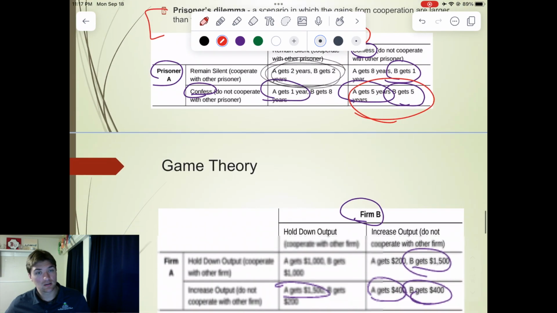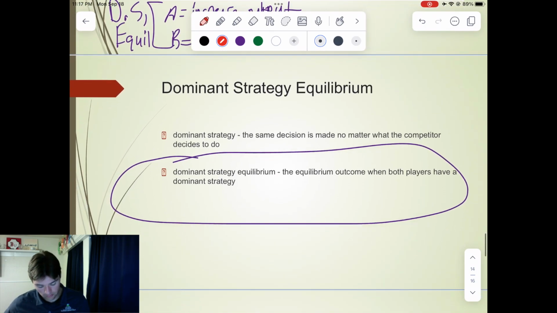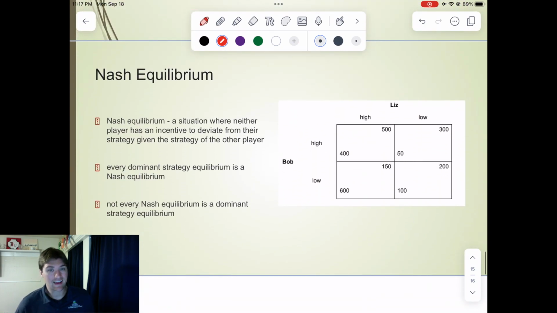If we have just an equilibrium, that's called a Nash equilibrium. A Nash equilibrium is where basically you're making the best decision for you based off of somebody else. Don't worry about that. The main thing is that it's an equilibrium. You're having the two circles next to each other. Okay? So let's take a look at this.